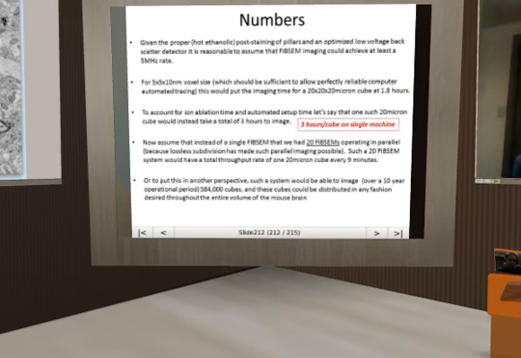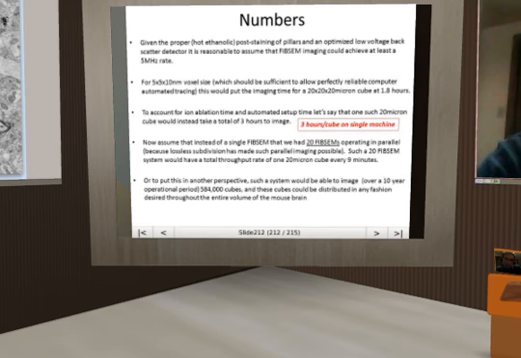At 5 by 5 by 10 nanometer voxel size, which should be more than sufficient to allow perfectly reliable computer automated tracing, this would put the imaging of a 20 by 20 by 20 micron cube at about 1.8 hours. To account for ion ablation time and automated setup time, let's say that one such 20 micron cube would in fact take a total of 3 hours to image.